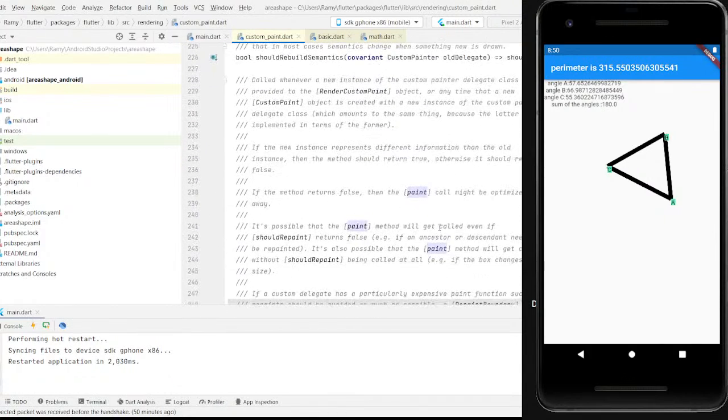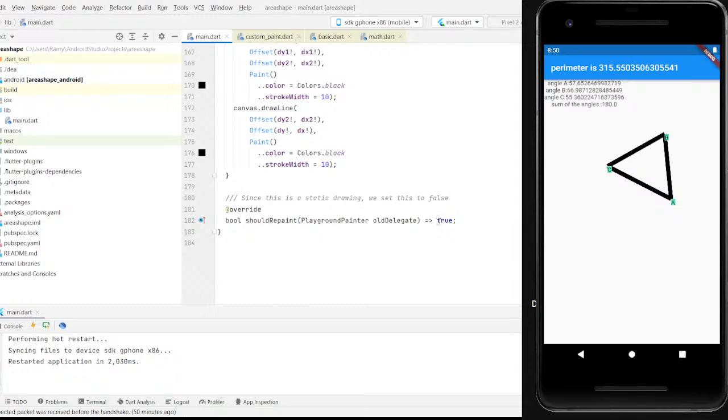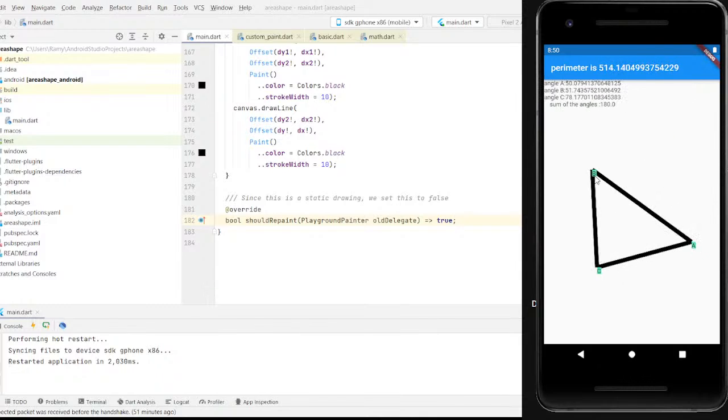The second is the should repaint function, which is a very important function because it has to be always true, in order for the lines to be represented like this and to change their positions.